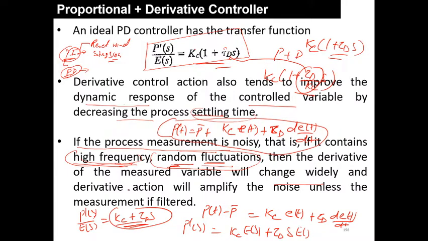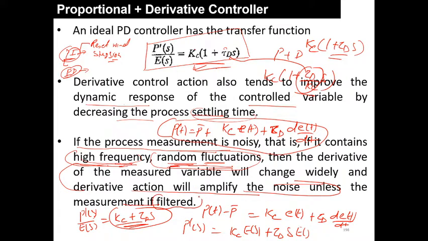So wildly, the derivative action will amplify those noises. Therefore we are not using such a transfer function in the practical PD controller. So what we have to do is filter such noise, and how will this noise be reduced or filtered?